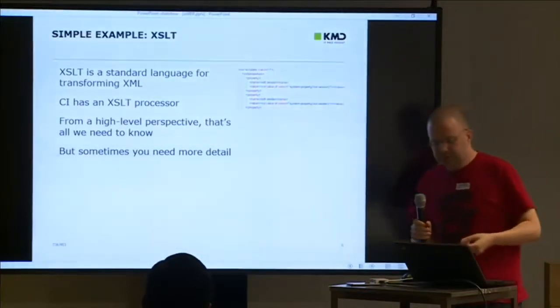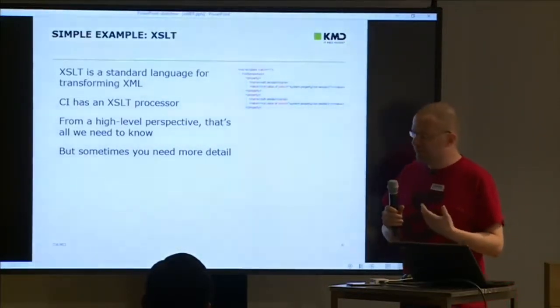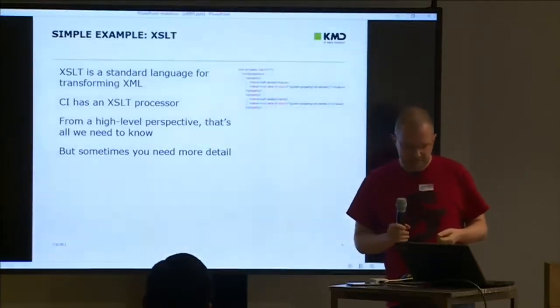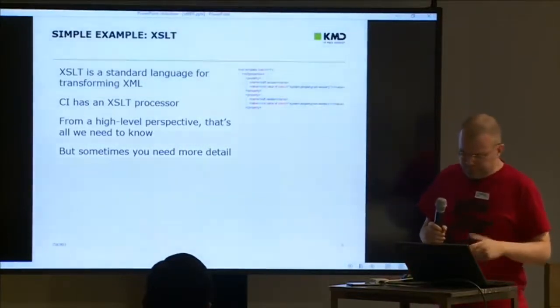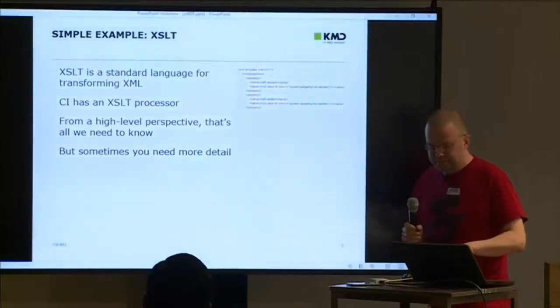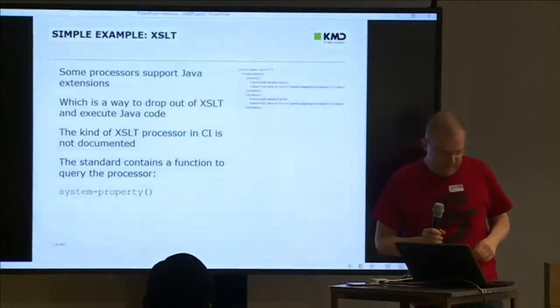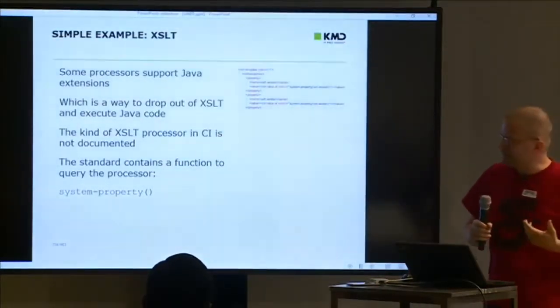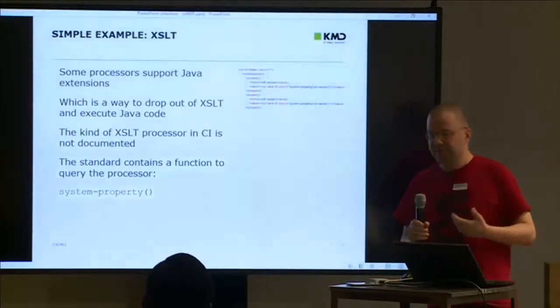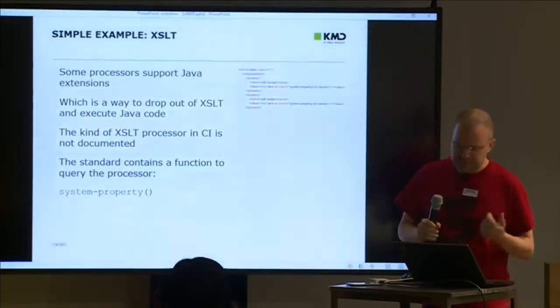That cloud integration will run your XSLT style sheets. But you do need some more detail sometimes. And for this particular example, which happened in the real world actually, it was not made up.